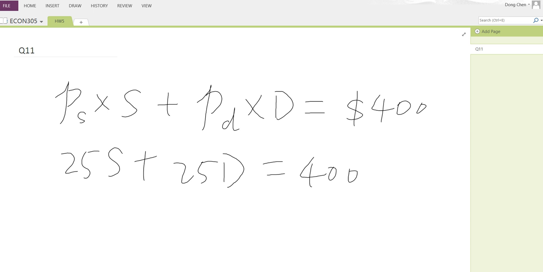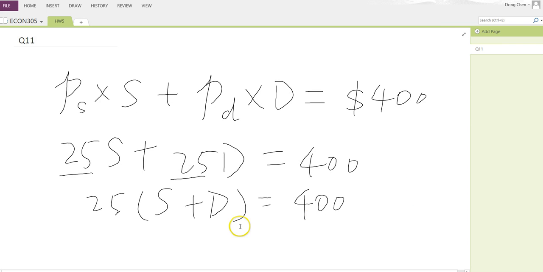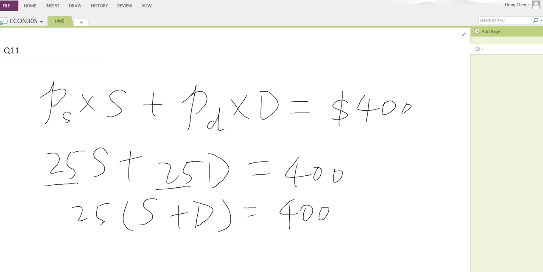So you can actually further write this as 25 times (S plus D), because both of these have 25, so you can combine the terms, and that equals 400. Then you can solve this as S plus D equals 400 divided by 25, that will give us 16.